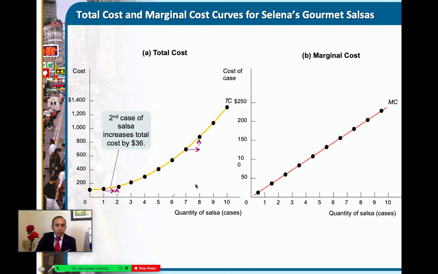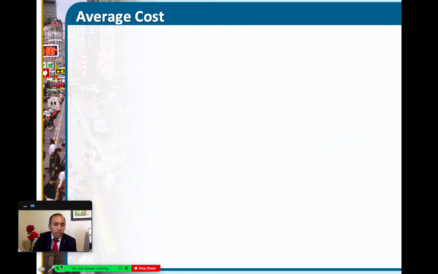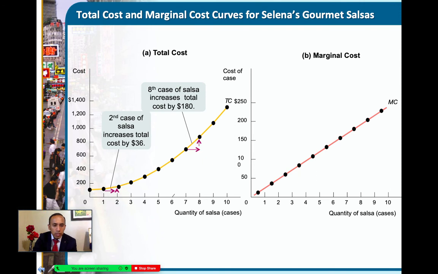Now we look at the 8th case of salsa. It's important to note here that the total production is different than marginal cost. The 8th case by itself is going to cost you about 180, which is here, from 7 to 8. The graph on the right, which is the marginal cost, is looking at the margin per unit, or in this case for additional units. So the marginal cost of the 8th case is going to be somewhere around 180.